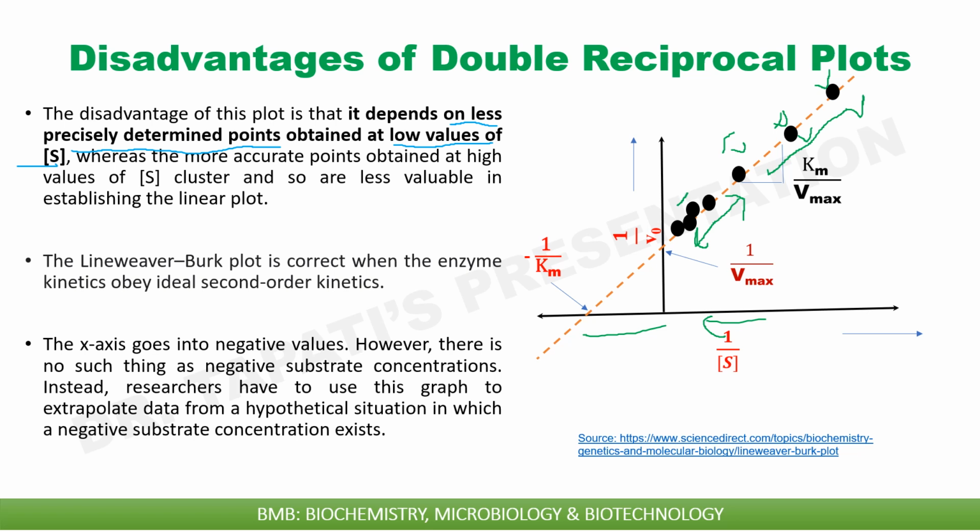However, there is no such thing as negative substrate concentrations, because substrate concentration can't be negative. Instead, researchers have to use this graph to extrapolate. This is the extrapolation part. To extrapolate data from a hypothetical situation in which a negative substrate concentration exists.